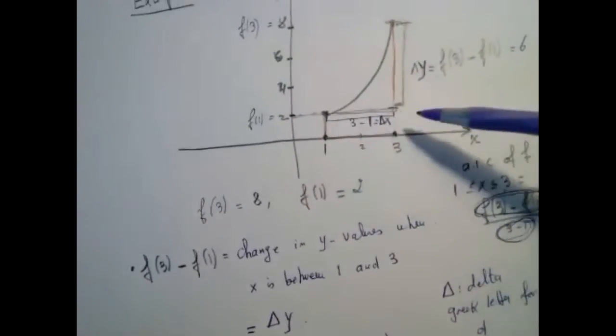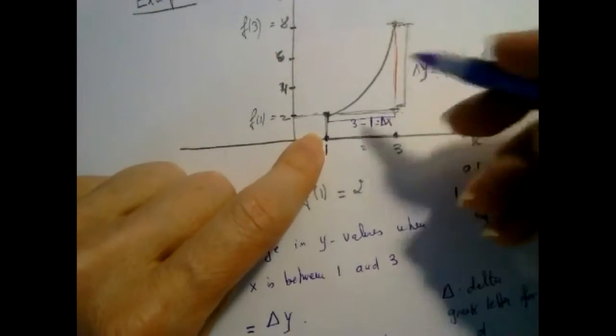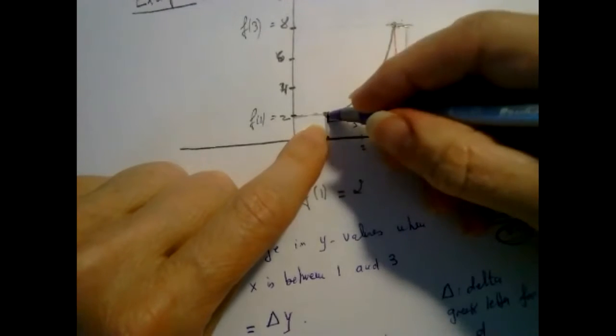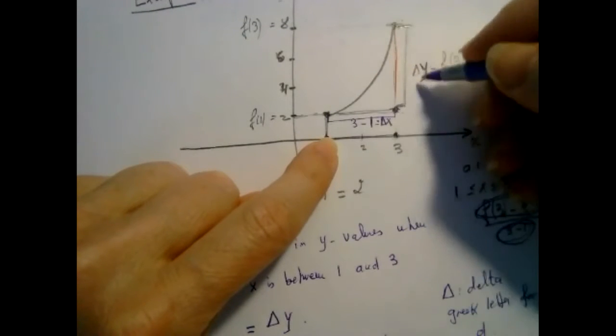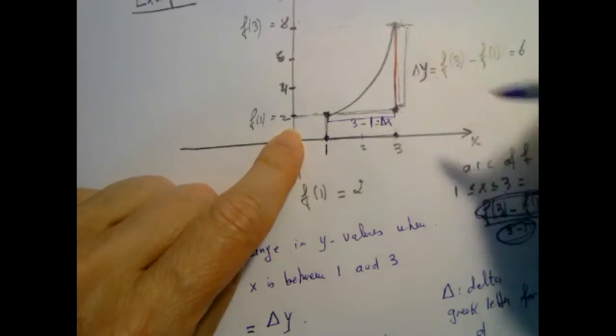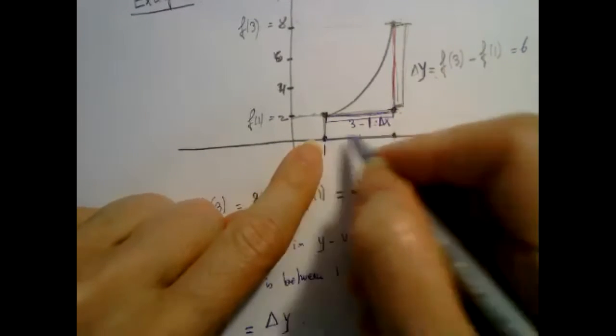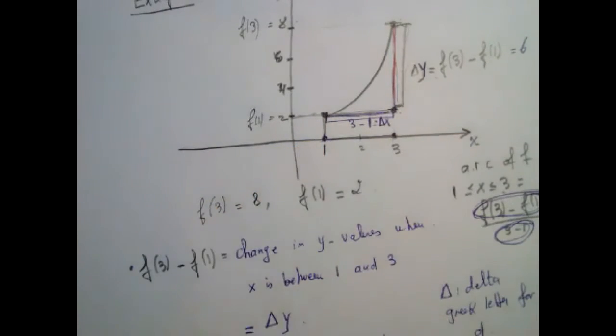I go back to my picture. When x goes from 1 to 3, the input increases, my output was at 2, then it's at 8. So f of 3 minus f of 1 tells me how much my output changes, and the 3 minus 1 tells me how much my input changes when I go from 1 to 3.